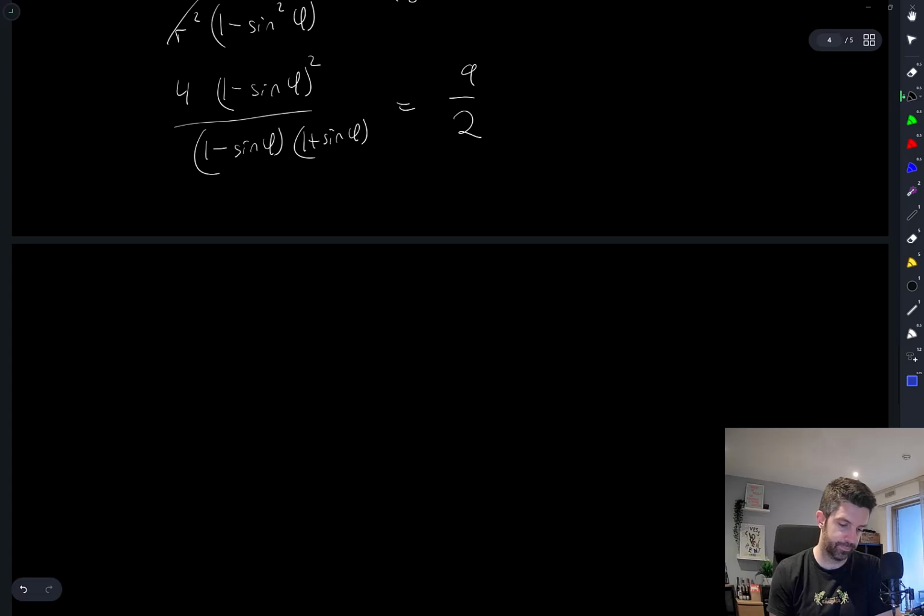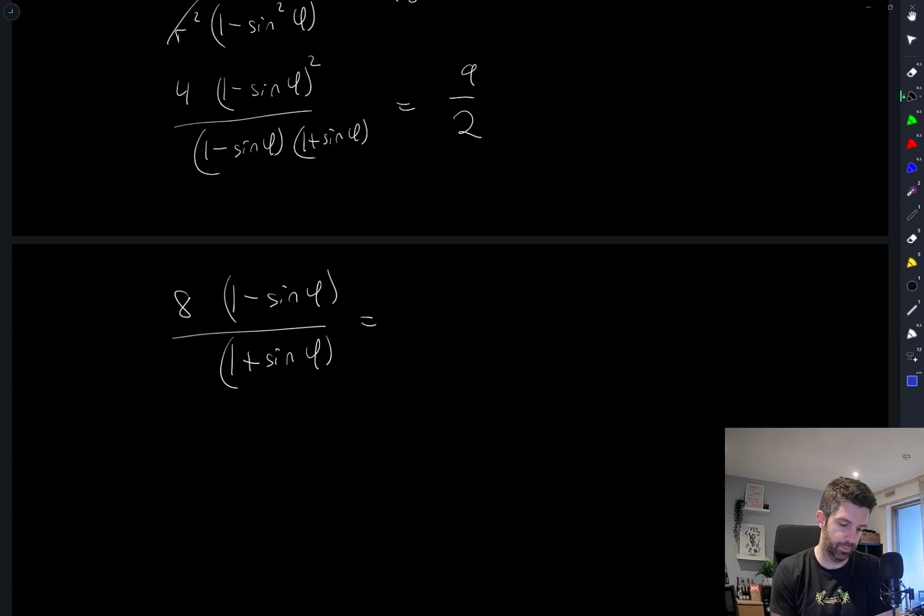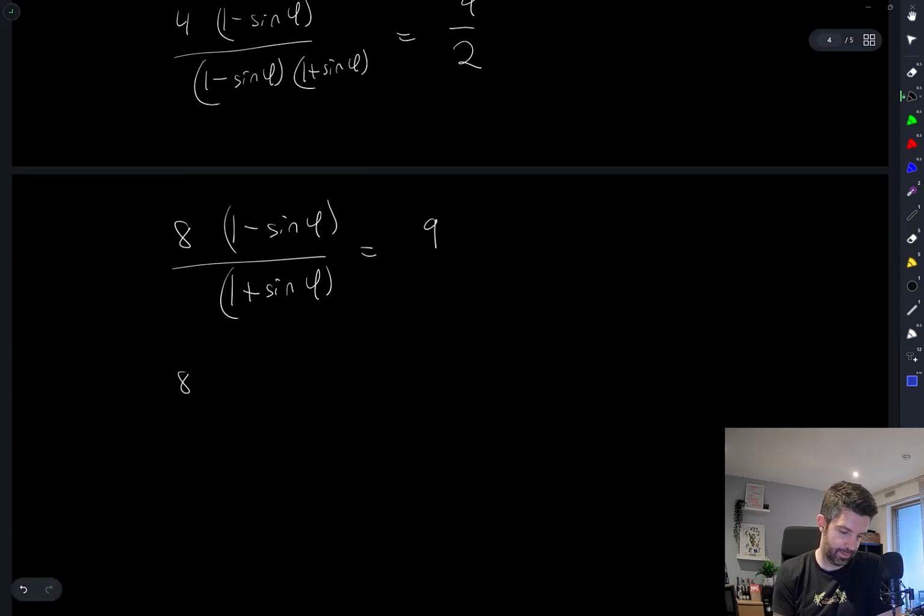Okay, so I have 8 times 1 minus sine phi divided by 1 plus sine phi is equal to 9. 8 minus 8 sine phi is equal to 9 plus 9 sine phi.